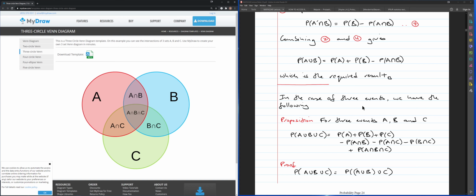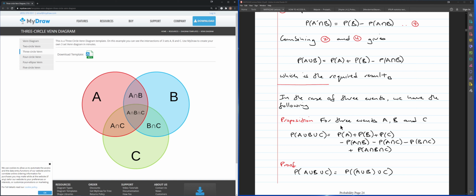Okay, so in the case when we have three events A, B, and C, we have a similar result. Notice over here that to get the probability of A union B, I added the probability of A to the probability of B, and I subtracted off the intersection to avoid double counting.